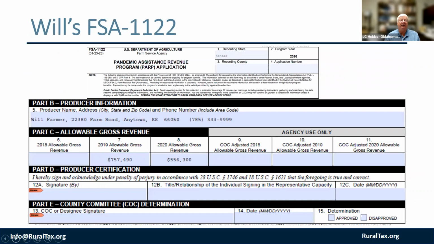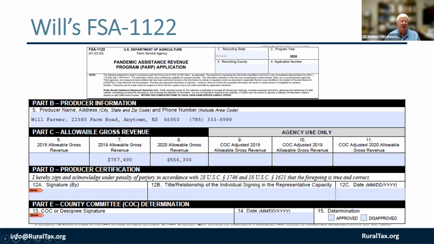So here's what the application form looks like. I've modified it a little bit. I left part 1 and pulled it down. So really what we're trying to deal with, remember where we put the right numbers in, it's the gross revenue, part C, 757, 2019, that's the allowable gross revenue. Benchmark year, 2020, 556,300.